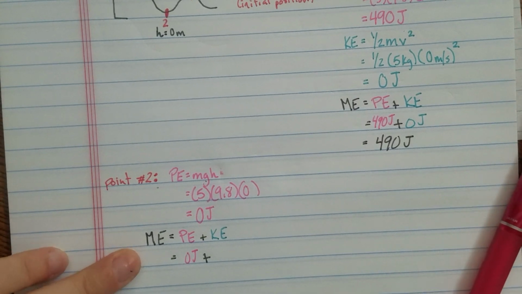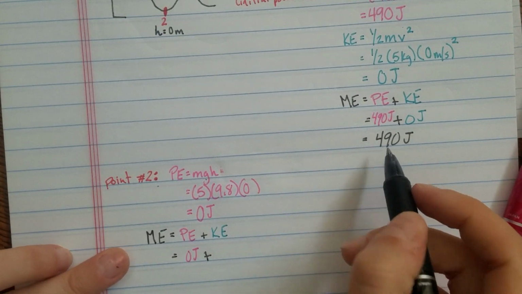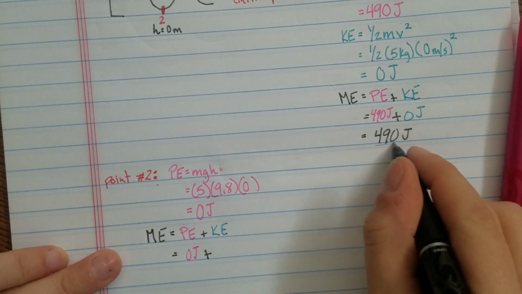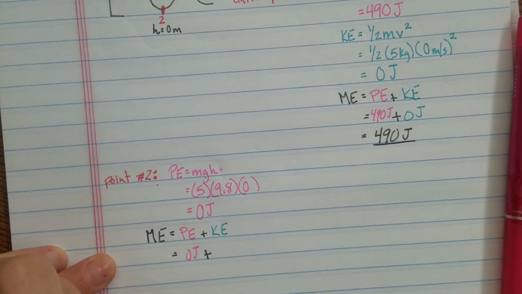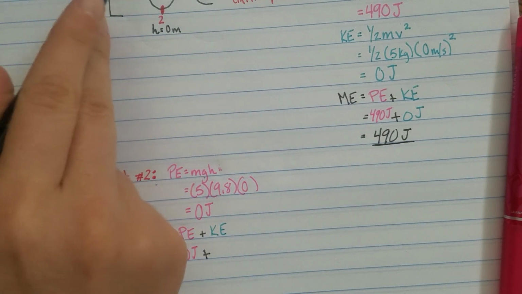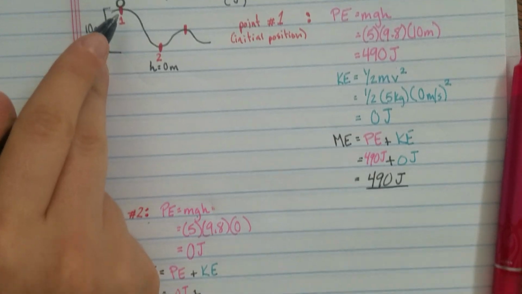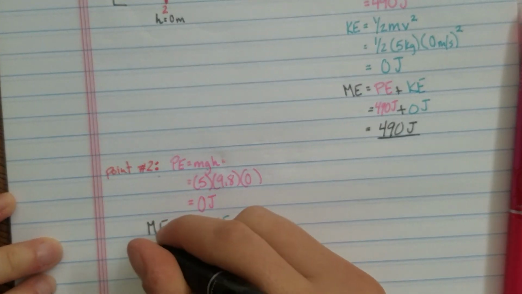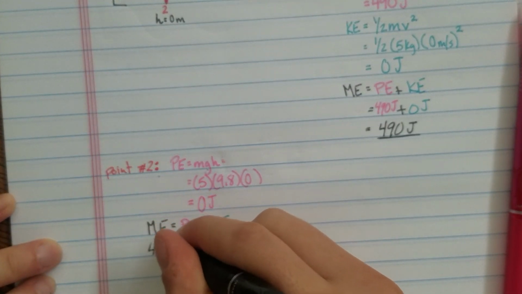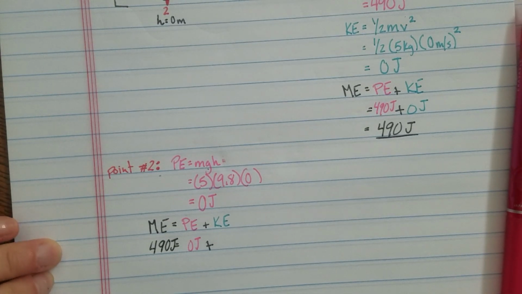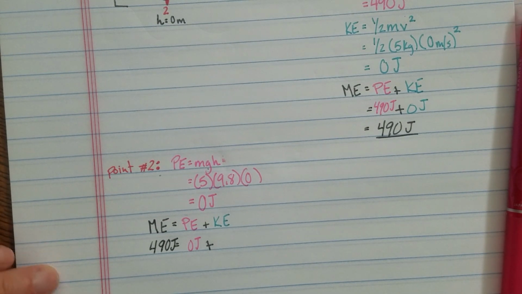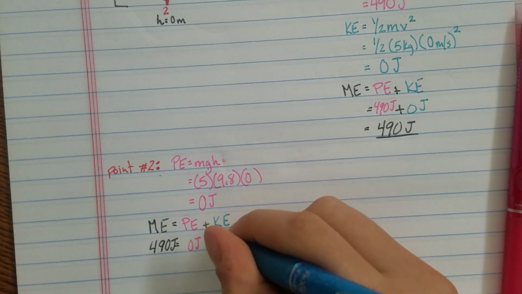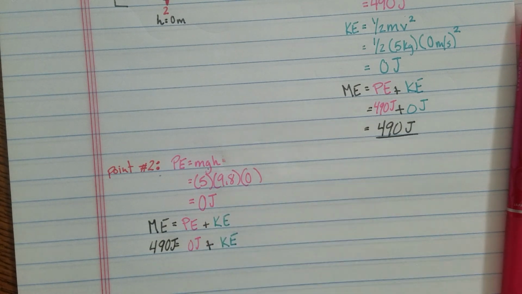And mechanical, remember, we can't create or destroy. So I said this is the maximum amount of mechanical energy I can have because it's at my highest point, right up here. So that means that's my mechanical energy the whole time. So we'll plug it in there as well. I don't know my kinetic energy. That's what we're looking for.